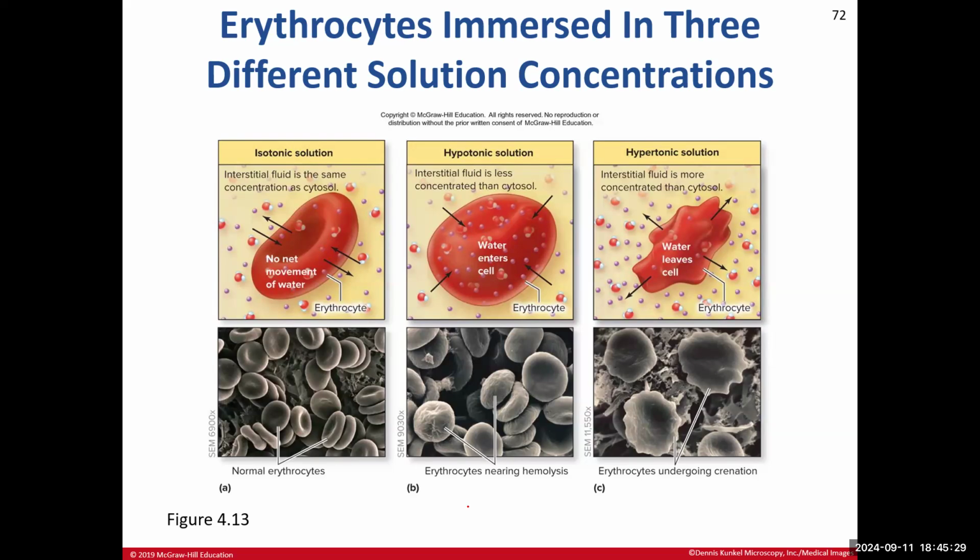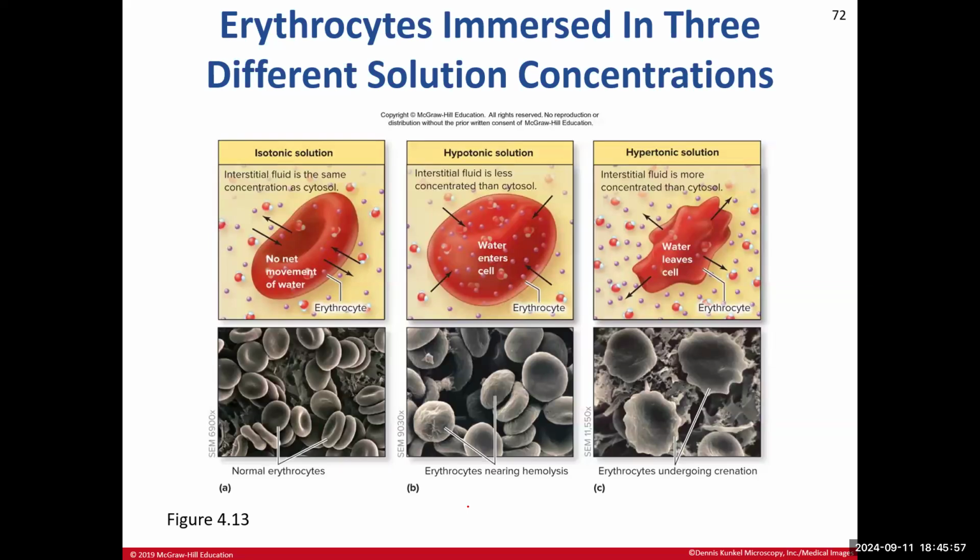So less solutes outside the cell, more solutes inside the cell. So water is going to move, right, from the low solute concentration area to the area where there's a higher concentration of solutes. So it's going to move into the cell. It's going to follow. Wherever the solutes go, that's where water wants to go. And the cell starts to build up, and then it pops.